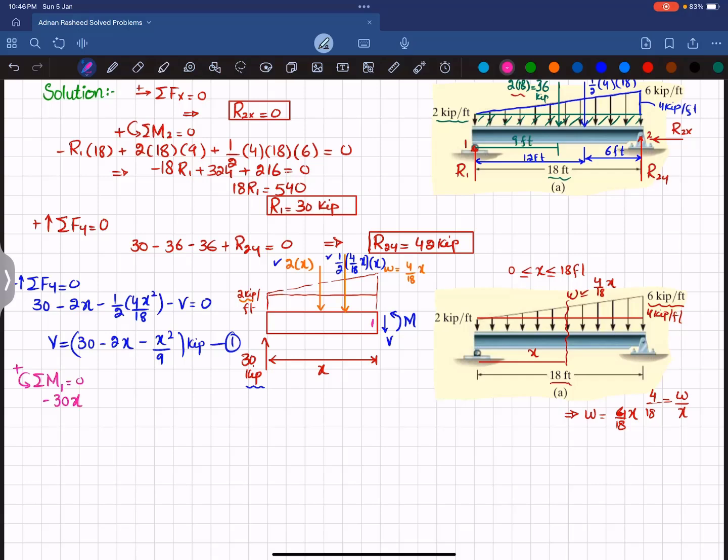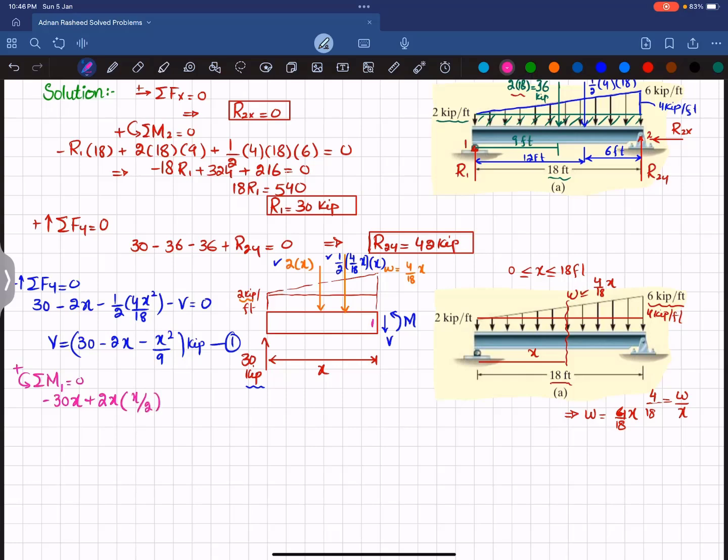The second load which is producing moment is 2x, and since this is a point load due to the distributed load, it will act at a distance of x by 2 from point 1, and that is producing counterclockwise moment, so it will be positive. So I can write plus 2x, and the perpendicular distance is x by 2.